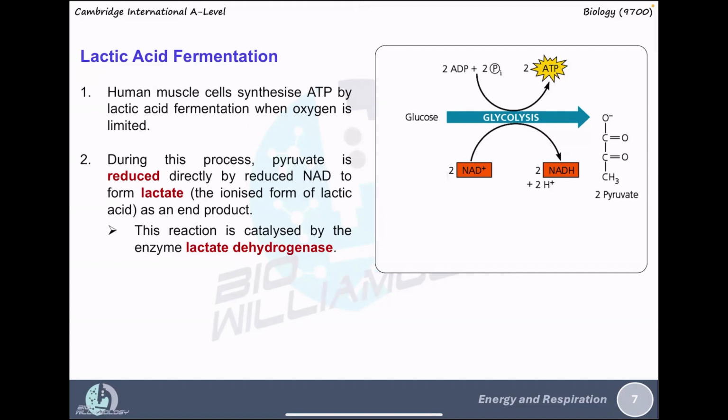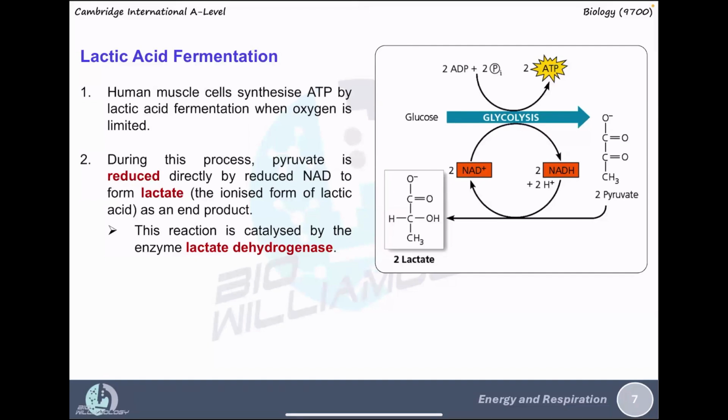This reaction is catalyzed by the enzyme lactate dehydrogenase. Basically, reduced NAD donates hydrogen atoms to pyruvate. So pyruvate accepts hydrogen atoms, and pyruvate is reduced to form lactate in a single step process. And because reduced NAD donated hydrogen atoms, it itself is oxidized to form NAD.